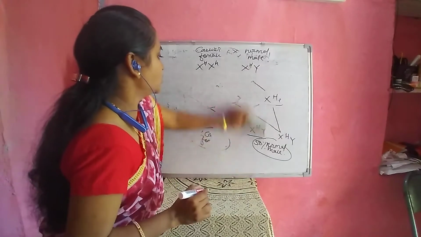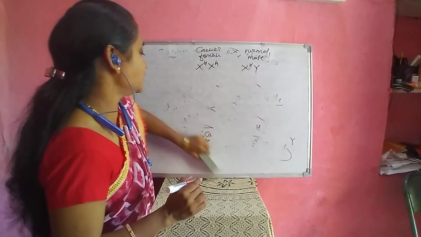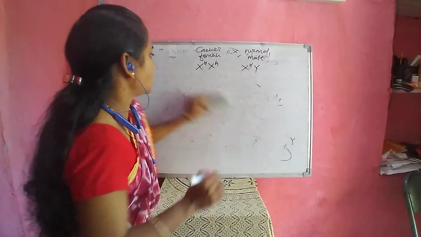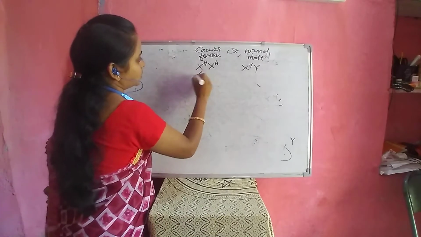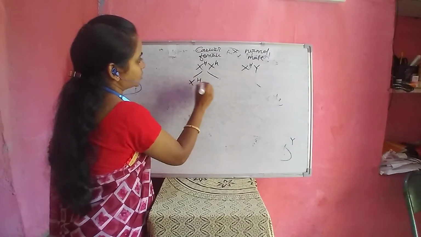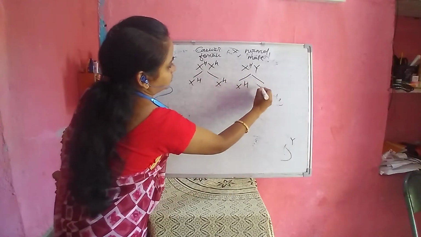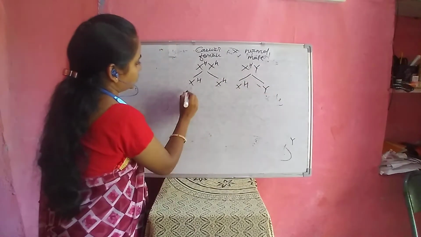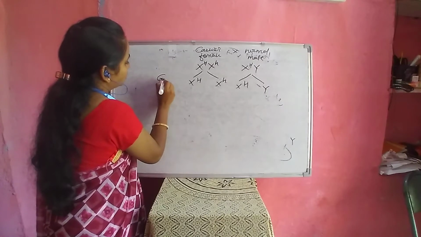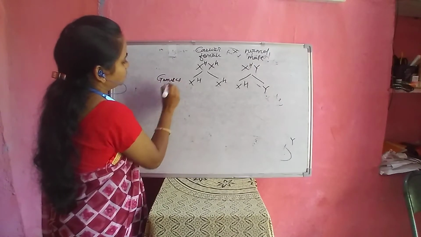So what are the gametes and what are the offspring here? These are the gametes, X, H, X, H. So what are the offspring?